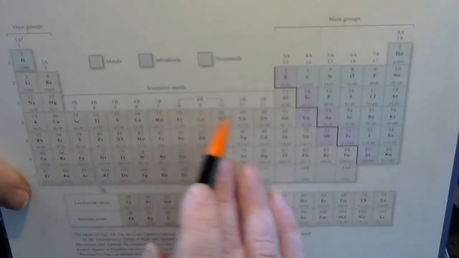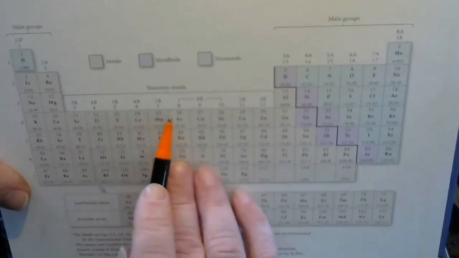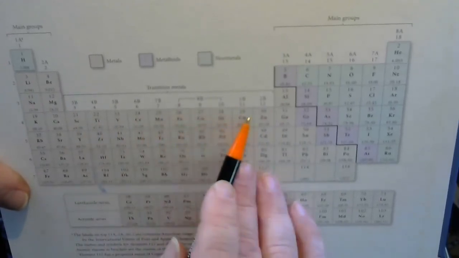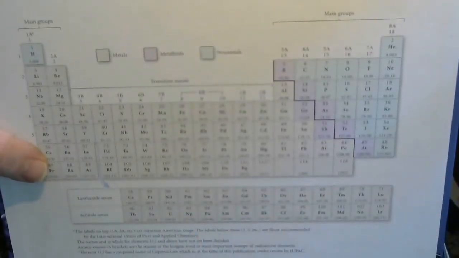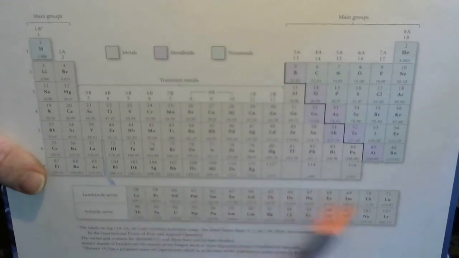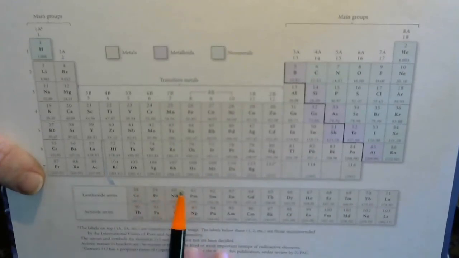For the d orbitals, you can fit a total of 10 electrons: 1, 2, 3, 4, 5, 6, 7, 8, 9, 10. And for the F orbitals in any given shell that has them, the total number of electrons you can fit is 14. If you count across from here to here, you get 14. Essentially, you're adding 1 more electron to that type of orbital for each step left to right.